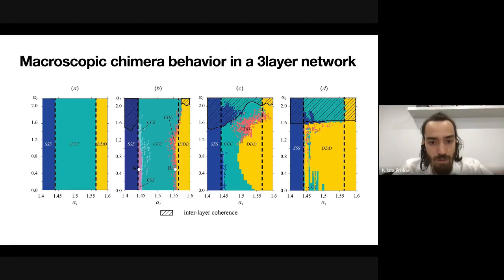We conclude, based on this extensive numerical analysis, that such macroscopic chimera behavior emerges due to the coexistence of different solutions on each layer close to the boundary between the single layer transitions. And the areas are widening with the increase of the coupling strength.